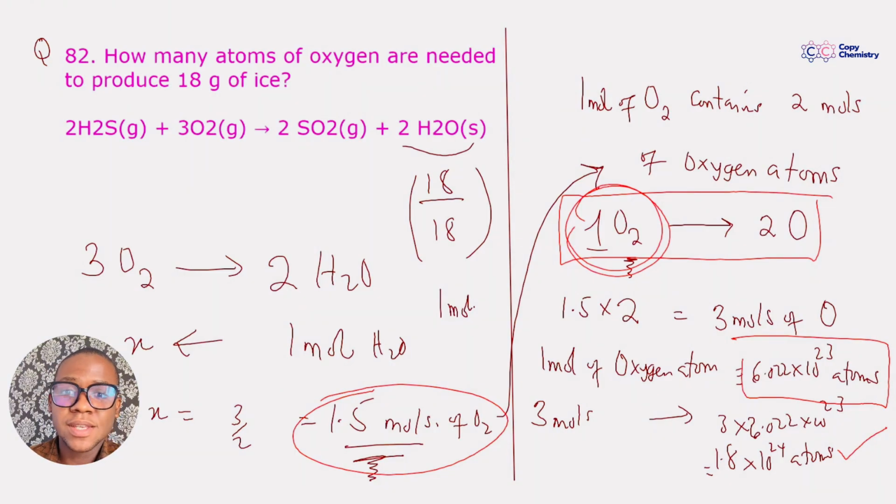So oxygen exists as O2, right? So O2 itself is the molecule. So 1 mole of O2 is 1 mole of O2 molecules. That's what it means. But if you're asked how many atoms, then you have to break it down, which is what we did.